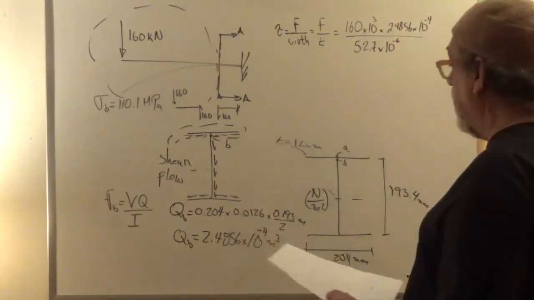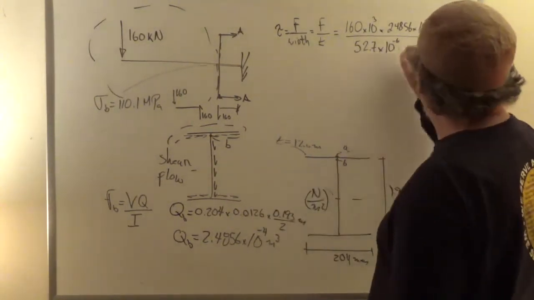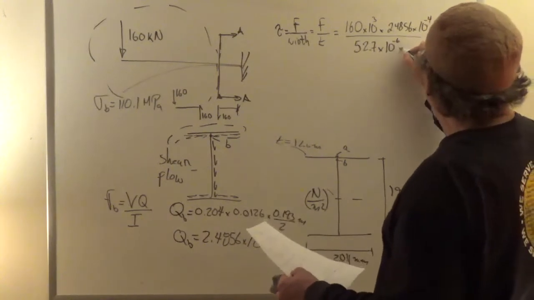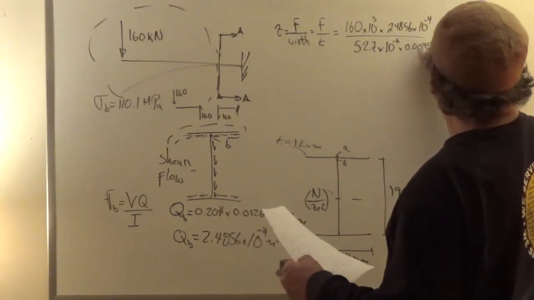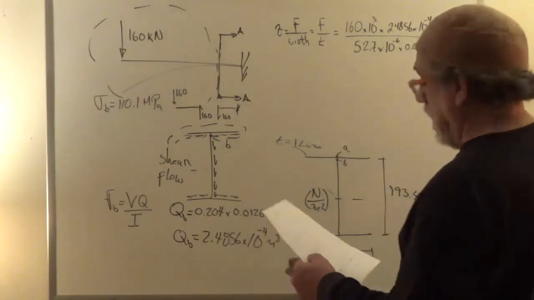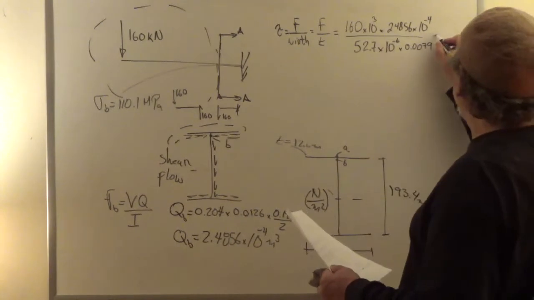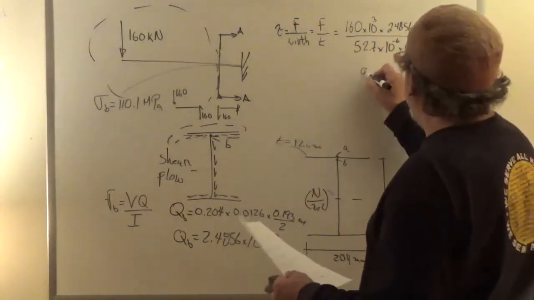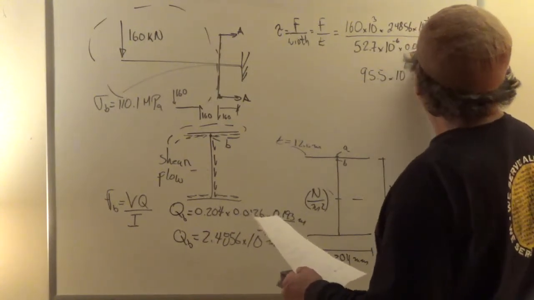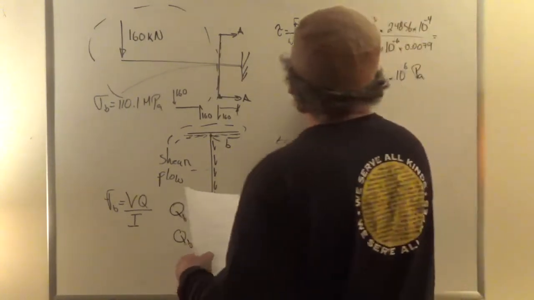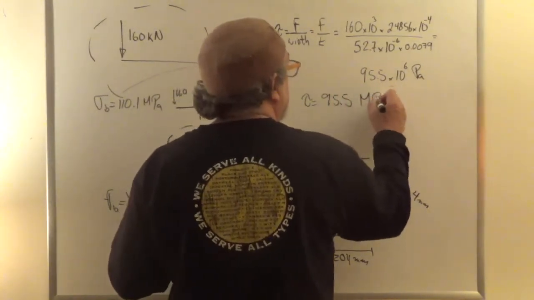And then now the thickness for this part here, I erased it, but you've seen it before, is 0.0079. 1, 2, 3. 7.9 millimeters, right? And then that gives us 95.5 times 10 to the 6 pascals, or a shear stress of 95.5 megapascals.